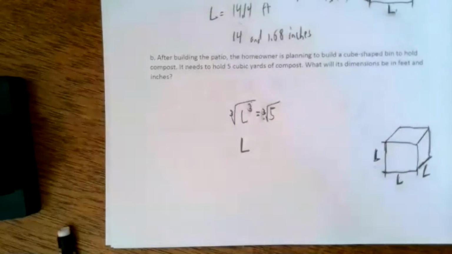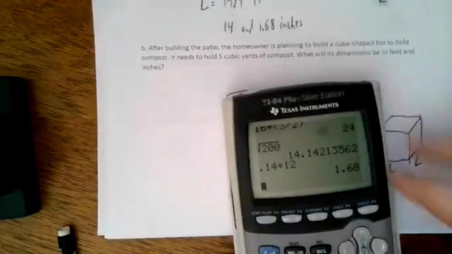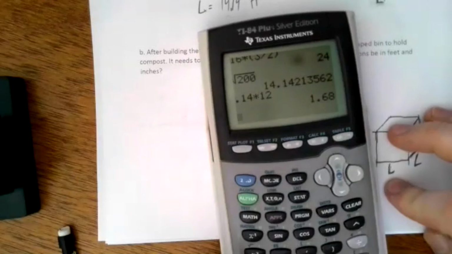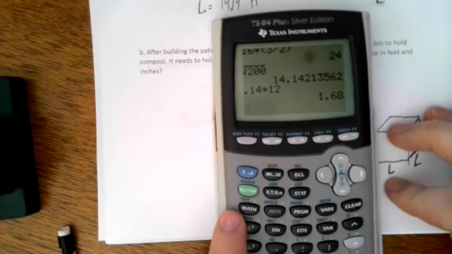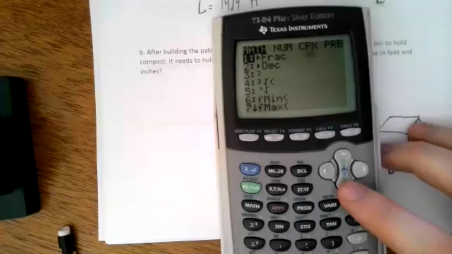But then we run into a problem. Personally, I don't know how to do cube roots in my head, but we have a function on our calculator that can do that for us. I go to the math button, and it's option 4 for me, which is the cube root. I put the number 5 in there. Are we rounding to any decimal point?